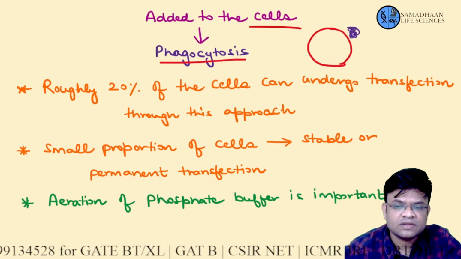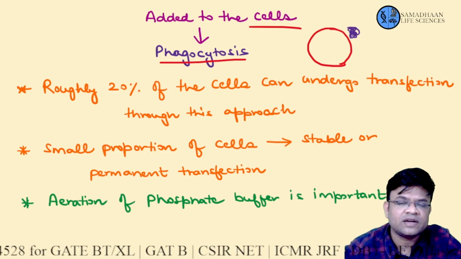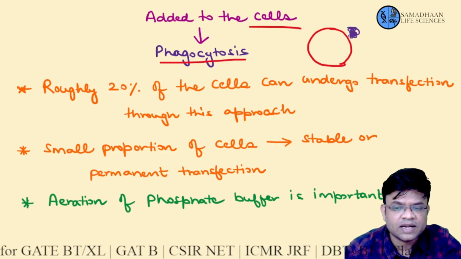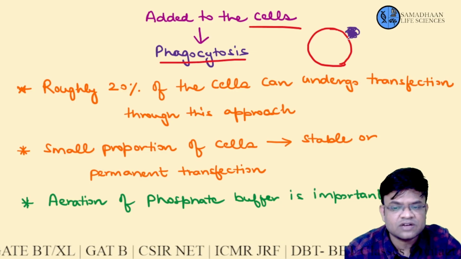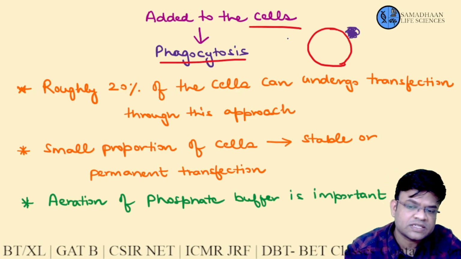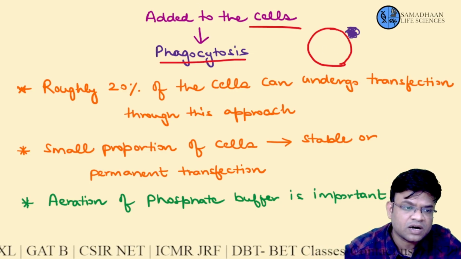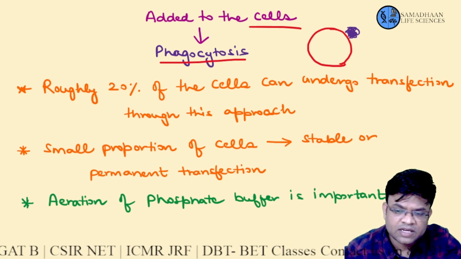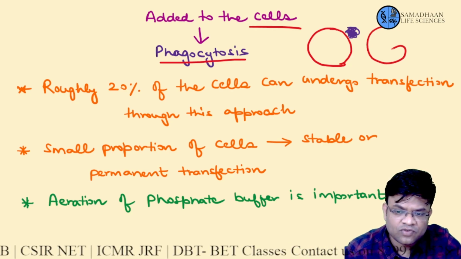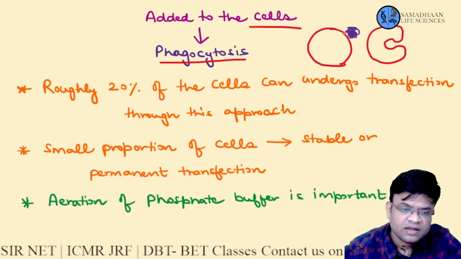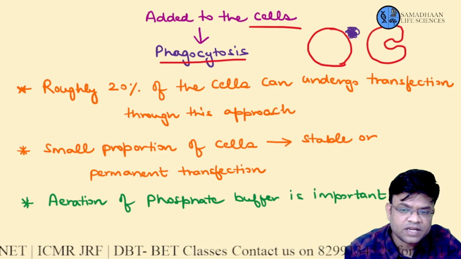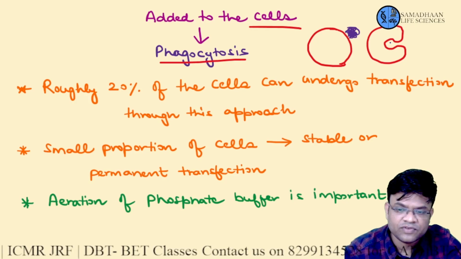This calcium phosphate DNA complex would be present on the surface of the cell. So what will the cell do? Something like this would be formed, and the co-precipitate would be engulfed like this.